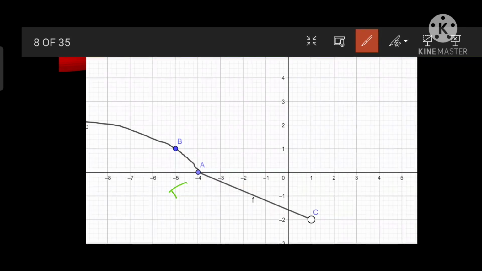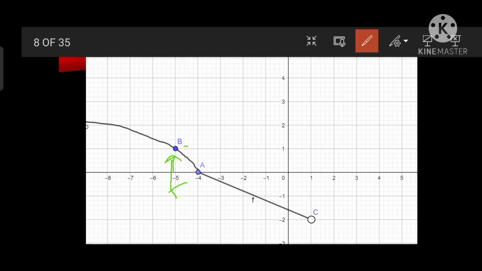When I land on the graph, the third step is to trace my pen over to the y-axis.